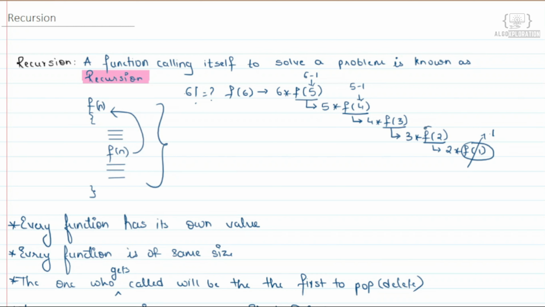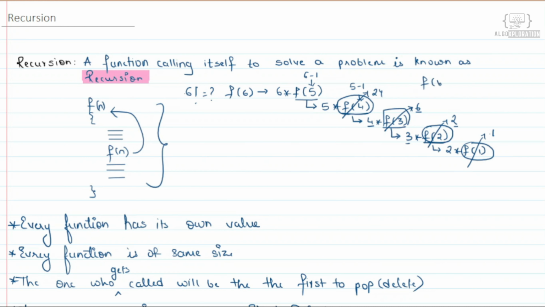So factorial of 2 is 2. Now 3 into 2 is 6. So the value of f of 3 is 6. Now 4 into 6 is 24. So the value of f of 4 is 24.